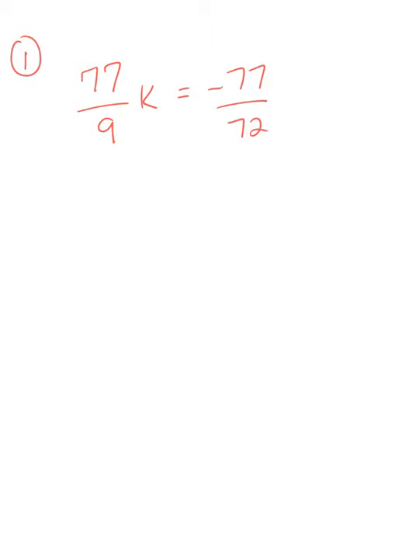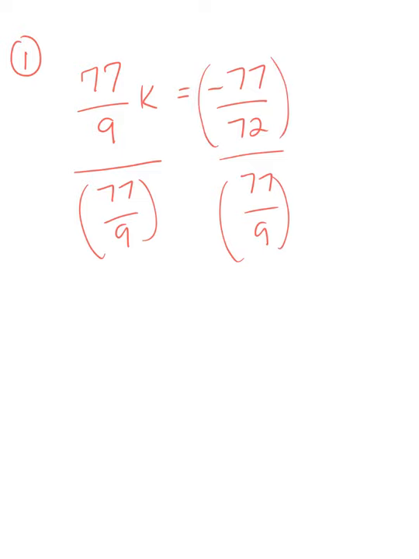What do fractions resemble? Division, right? So you divide this and divide by that, and you could type both of these into your calculator if you want to do it like that.